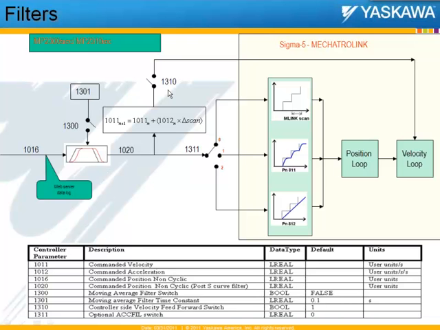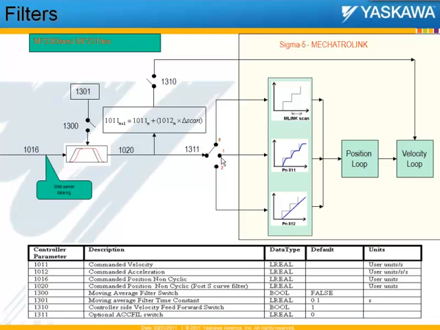The next parameter that I'd like to talk about is 1310, which is a velocity feed-forward component that the controller calculates, and the feed-forward component is directly fed into the velocity loop on the Sigma 5 servo pack. 1311 is the third of the filters that I'd like to talk about, and it's a switch which you can use to switch sub-interpolation inside the servo pack.